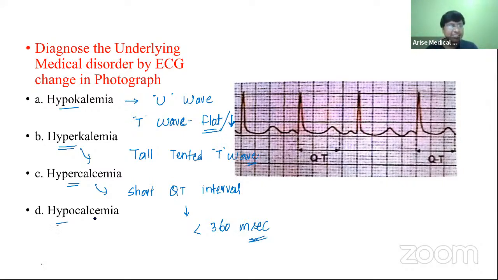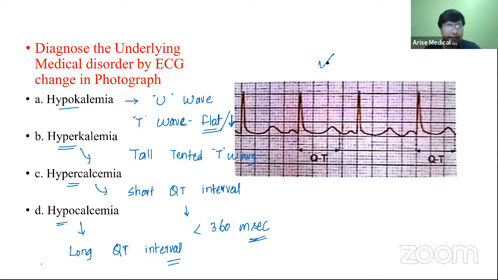Whereas in hypocalcemia, you will have a long QT interval. So these are the ECG changes you will have in various electrolyte abnormalities, and the ECG given to us shows a long QT interval.